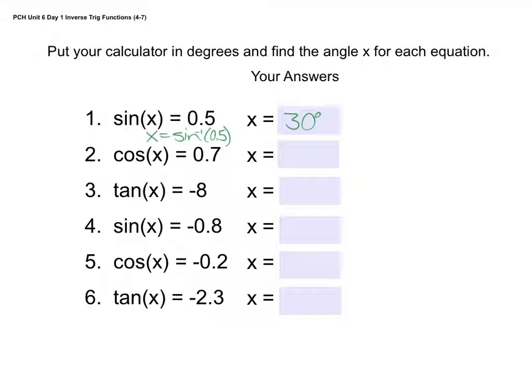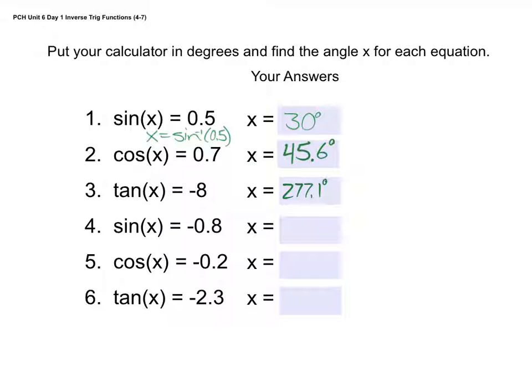Alright, if the cosine of x is 0.7, what does x equal? 45.56. Alright, let's do 45.6. We'll go one decimal place. If tangent is negative 8, x is how much? 277.1.